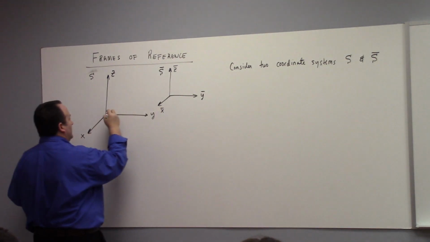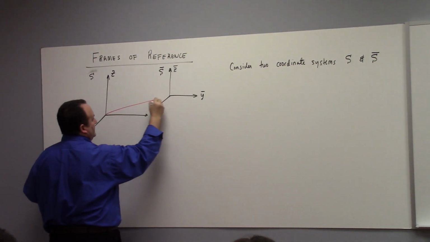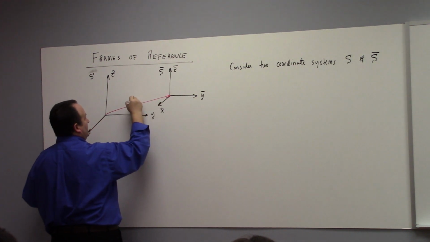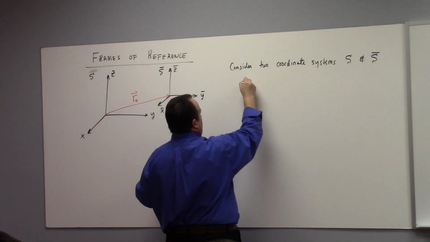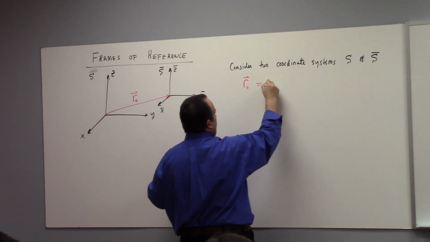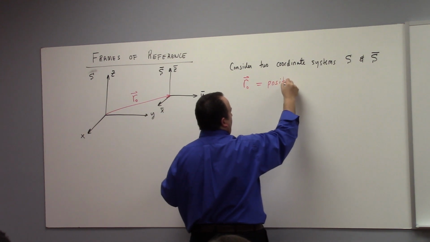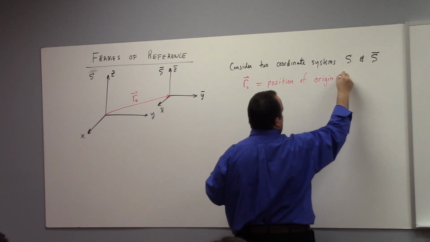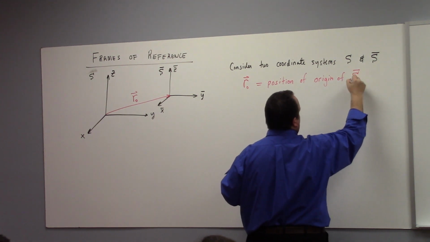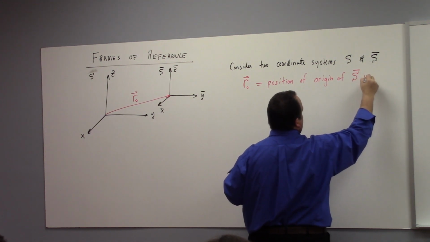Let me call this r sub naught. This is going to be the position of the origin of S bar with respect to S.